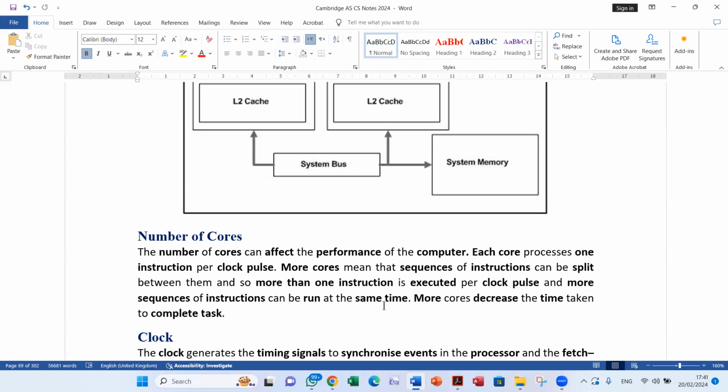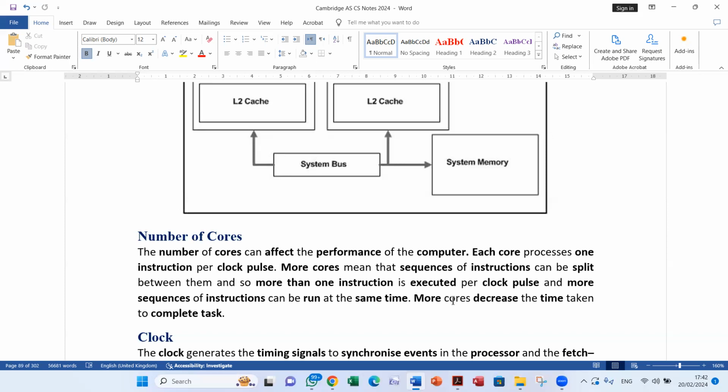So if you have quad core, it means 4 processors, you can execute 4 instructions in one cycle, okay, per clock pulse, and more sequences of instructions can be run at the same time. More cores decrease the time taken to complete a task because the processor will be faster.